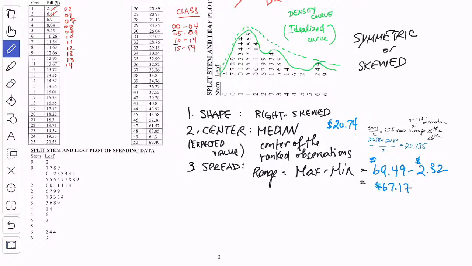So that gives you an idea. Even though it's 20.74 as the expected value, the range is $67 of a range. So that tells us something. In addition, I could write it like this as well, as an interval.